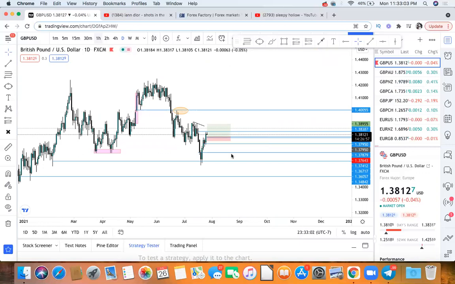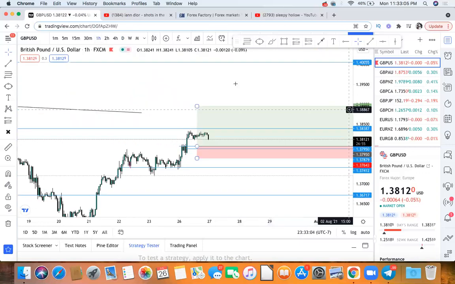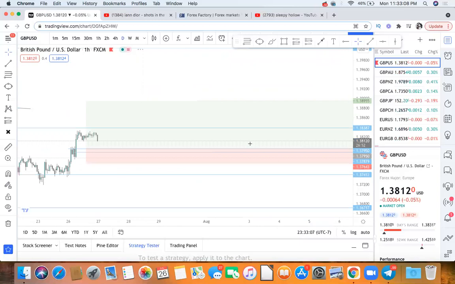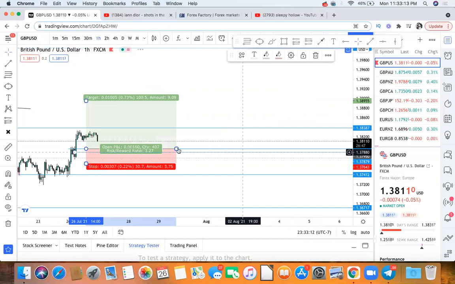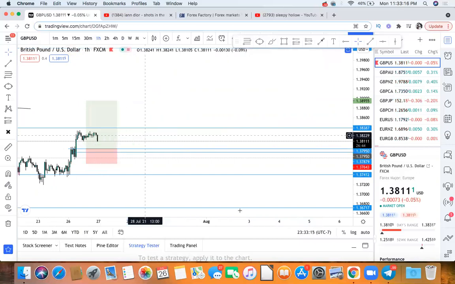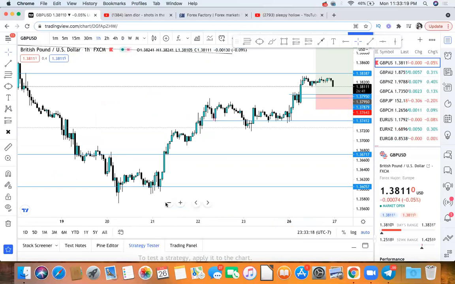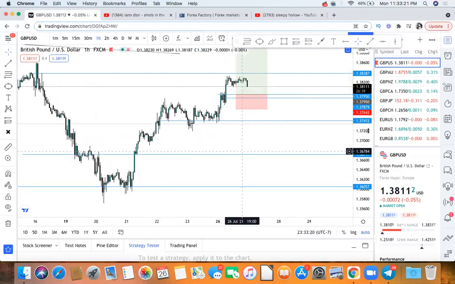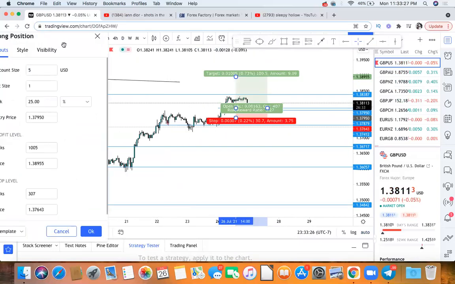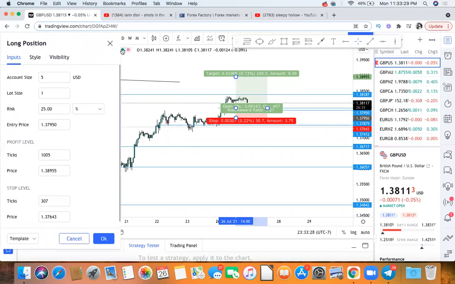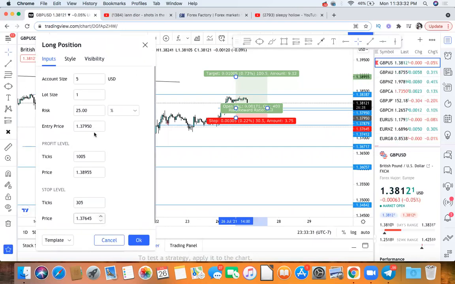So let's go ahead back to the 1 hour, just put in the first take profit first. For GBPUSD, we'd be having a buy limit. That'll be the entry price, take profit 1, and I'll give you guys take profit 2 in a brief moment.